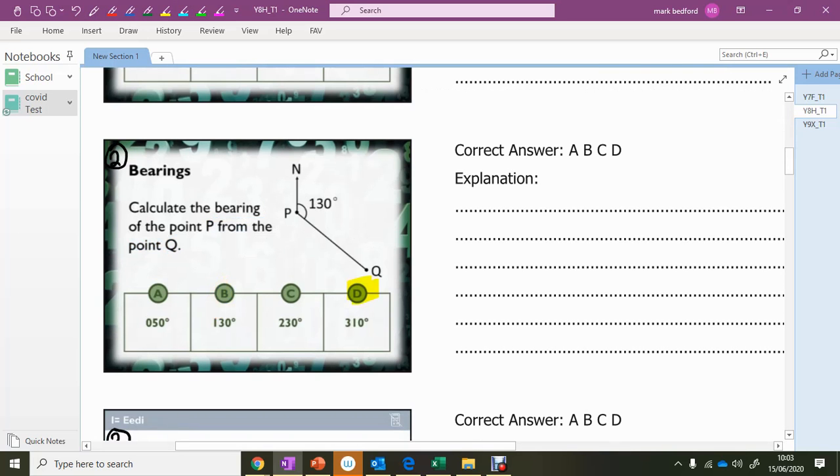On question 2, this time we're asked to calculate the bearing of the point P from the point Q. So here's Q over here.